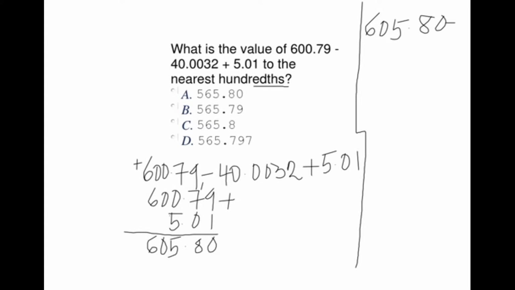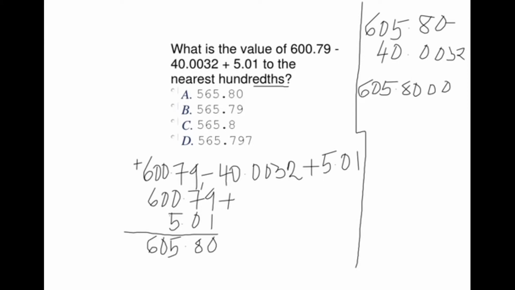We are going to subtract 40.0032. This is the same as 605.8000. It's just the same.